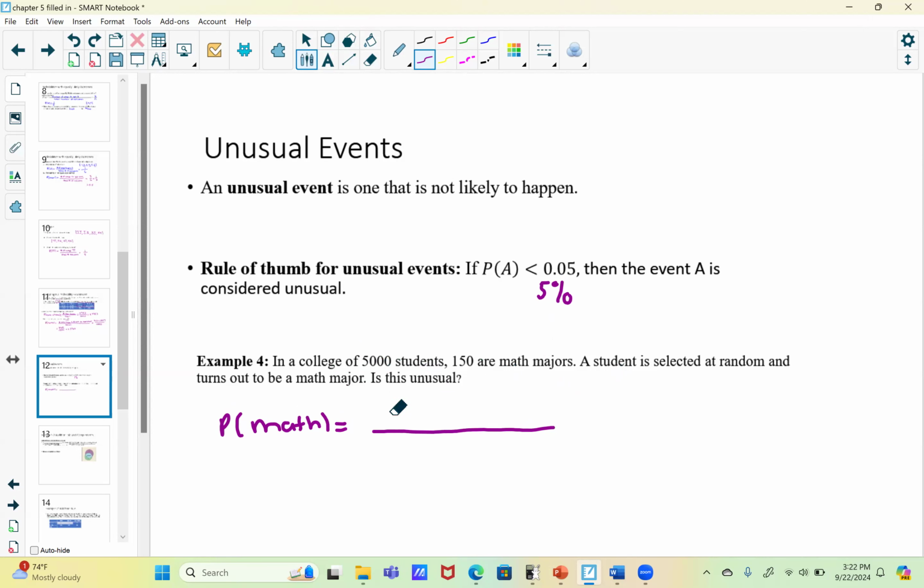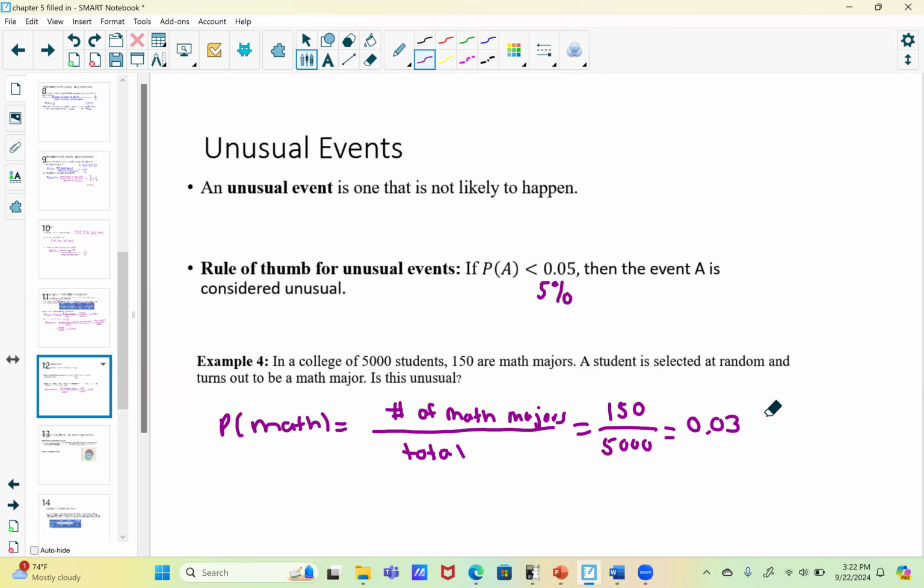To find that probability, we take the number that are math majors and divide by the total of 5,000 students. The number of math majors is 150, and we divide by 5,000. If we do, we get 0.03. Then we compare it to 0.05.